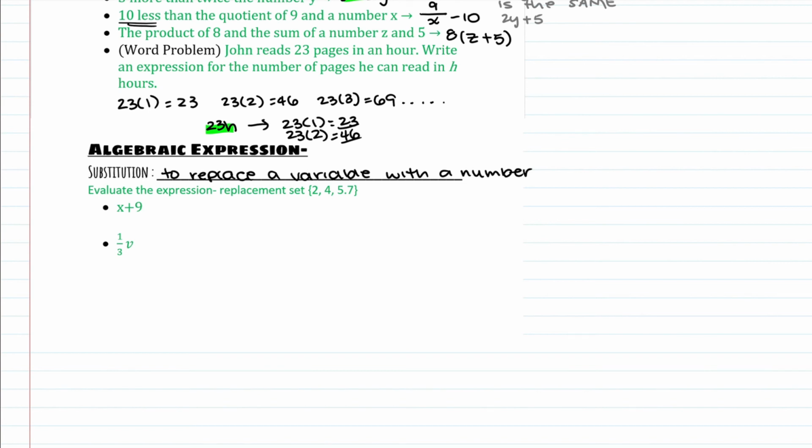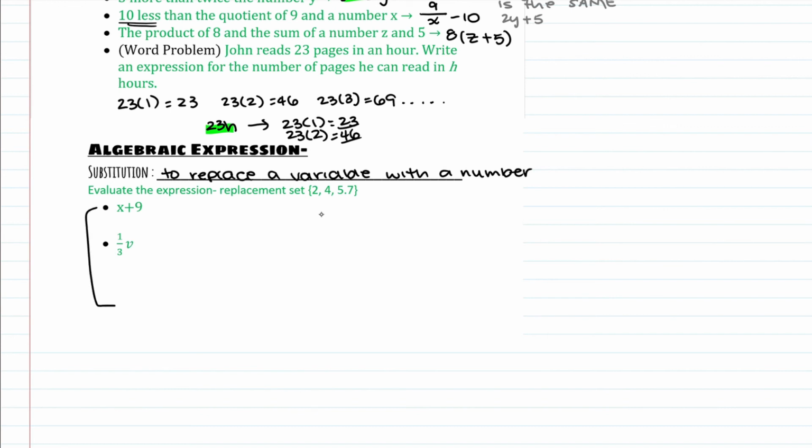So what it's asking us to do is evaluate the expression. It has given us a replacement set, 2, 4, and 5.7. So it is asking us to replace this x with the numbers 2, 4, 5.7 individually. And I'll show you how to do this.